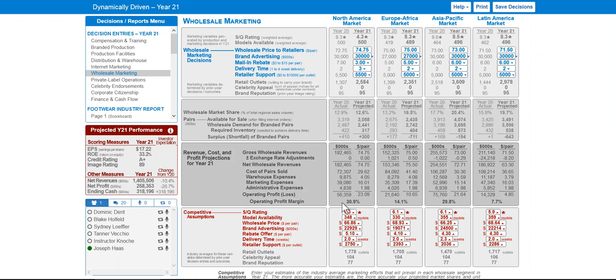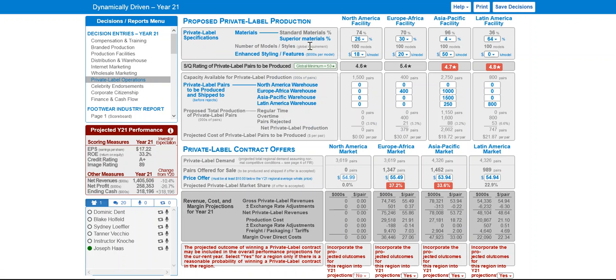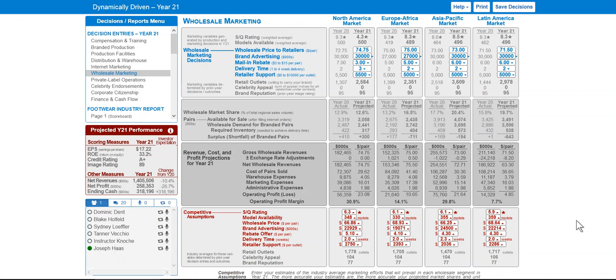So I always try to keep these, if I could get this into around the 30% and still sell a lot of shoes, because you do want to sell all of the shoes that you can produce. And since I was able to keep dumping a lot of our shoes into the private label area, I was able to maintain high profit margins in both internet and wholesale.